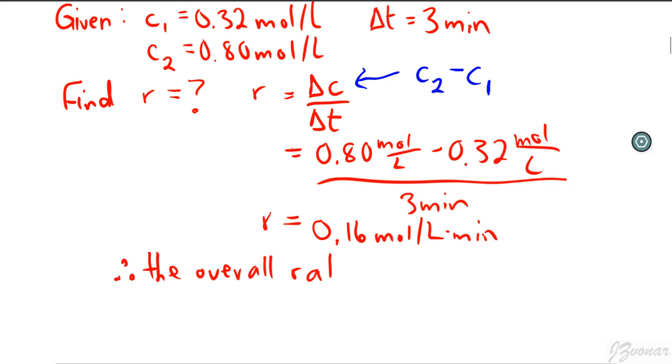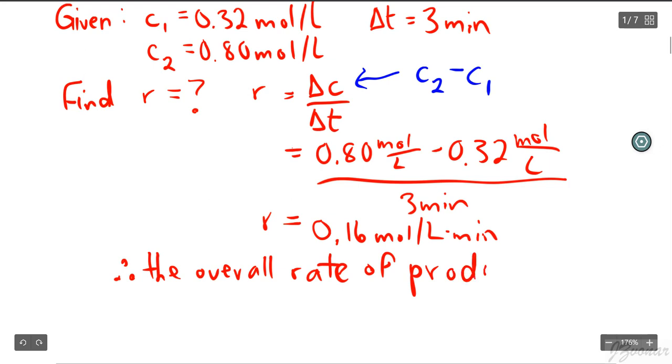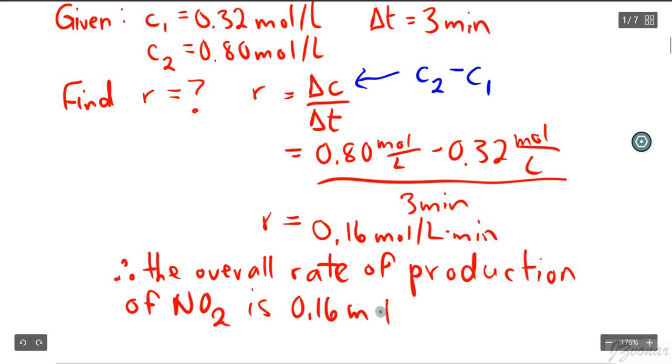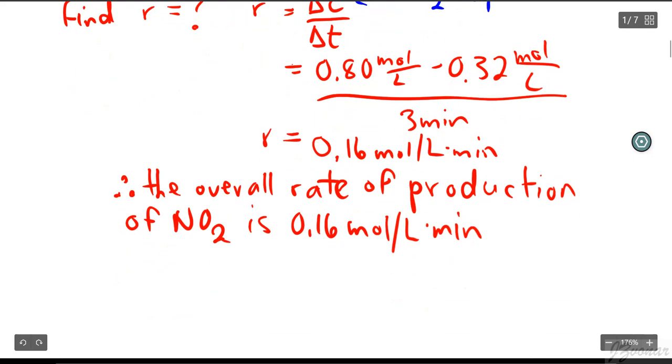I had to plug in my device. It was starting to have low battery. So I'm good now. So the overall rate of production of nitrogen dioxide is 0.16 moles per liter minute. So pretty straightforward. All right, let's take a look at another example.